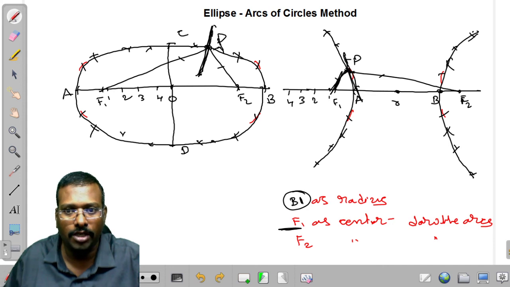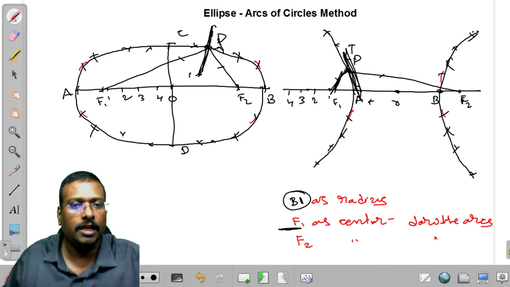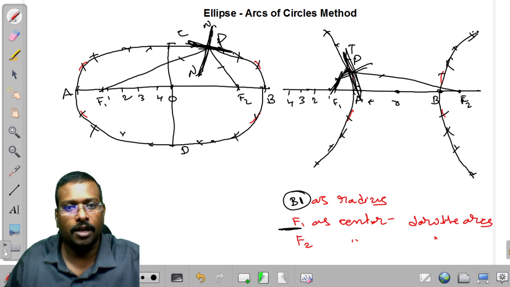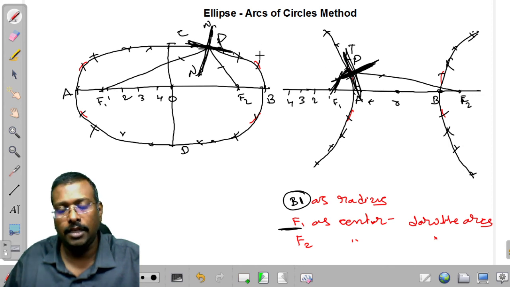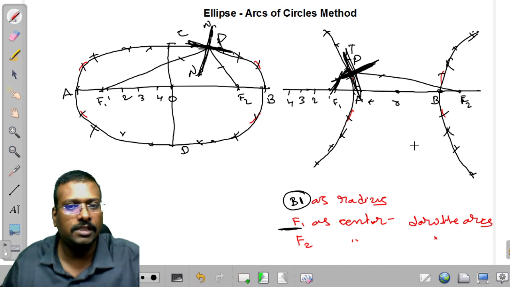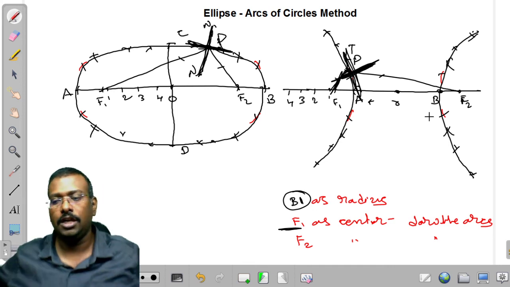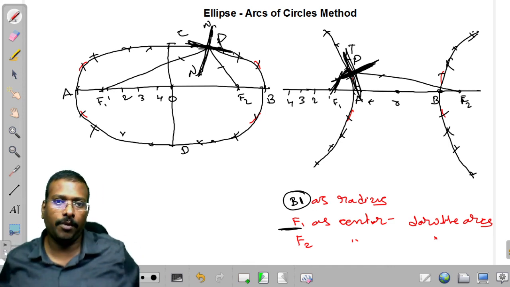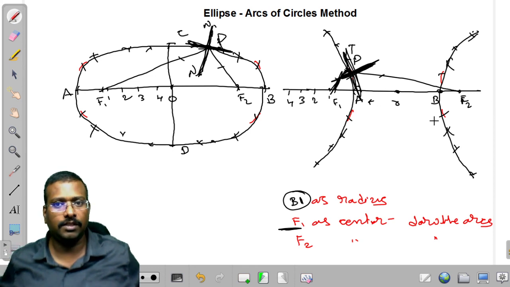If you draw a perpendicular to it, we get the normal. Sorry, in case of the ellipse the bisector gives the normal, in case of the hyperbola it is the tangent. This is the way how we have to construct an ellipse or hyperbola by using the arcs of circles method.